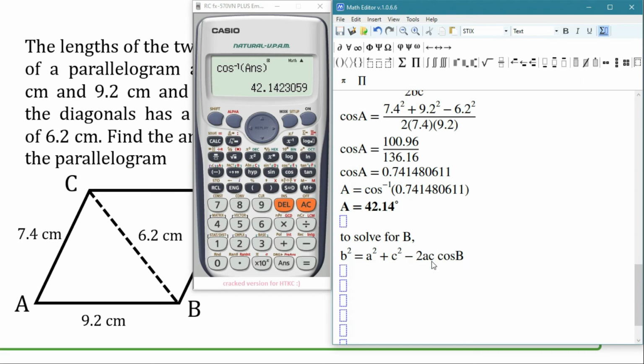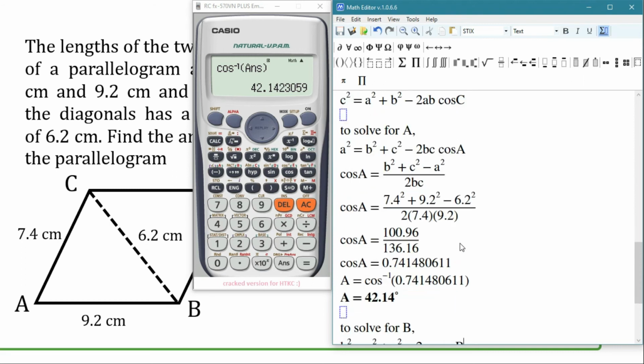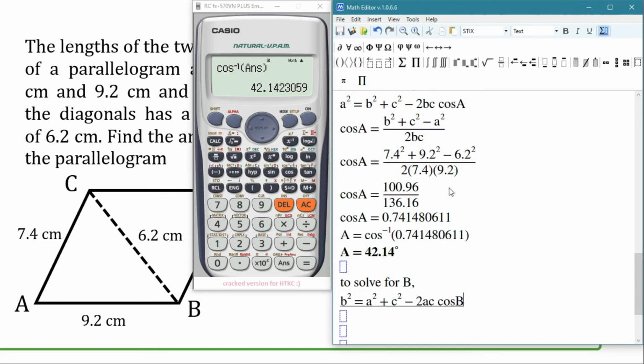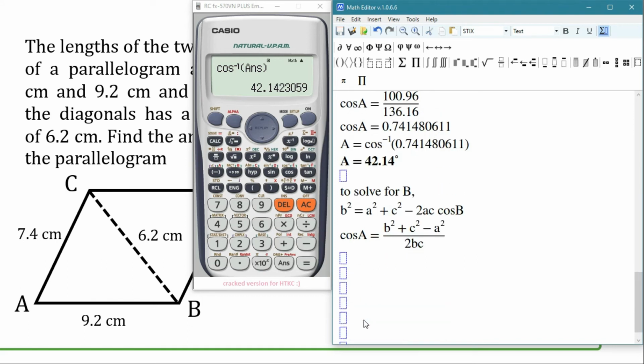Pero yung angle yung hinahanap natin, so we can do the same thing na ginawa natin kay cosine of A. So that would be the cosine of B. The cosine of B equals A squared plus C squared minus B squared over 2AC. Okay? So, wag pong malilito kapag binabago na po natin yung ating variables.